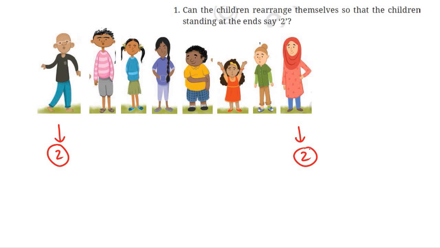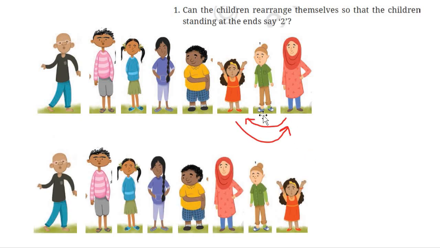Next, if it is possible, then let us try to do this. Now let's try to change the number. Say for example over here, suppose we interchange the small girl's position over here, then what will she say? You see, this boy over here is taller than her, so she will say 1. Next, this fellow also will say 1 since she is taller than him.